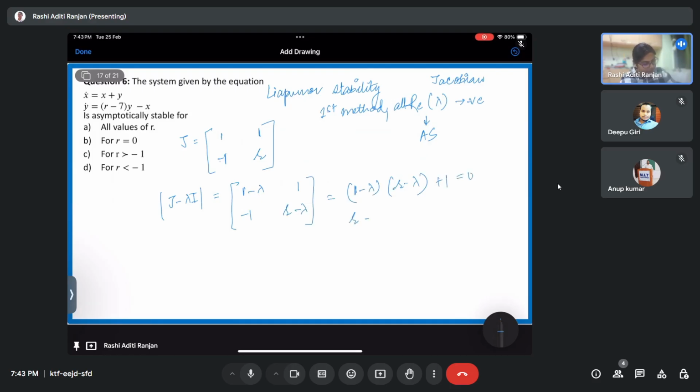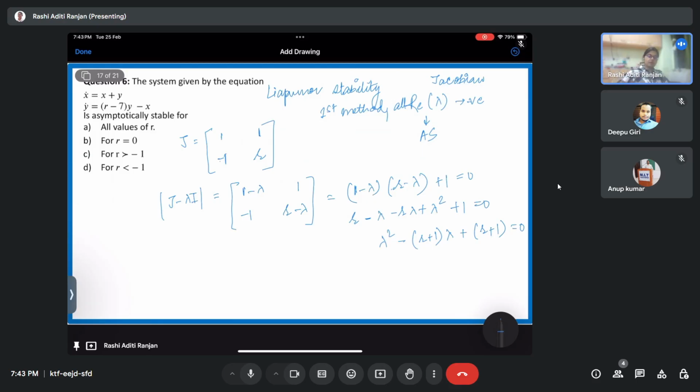So we have r minus lambda minus r lambda plus lambda square plus 1 equals 0. We have lambda square minus (r plus 1) lambda plus (r plus 1) equals 0.